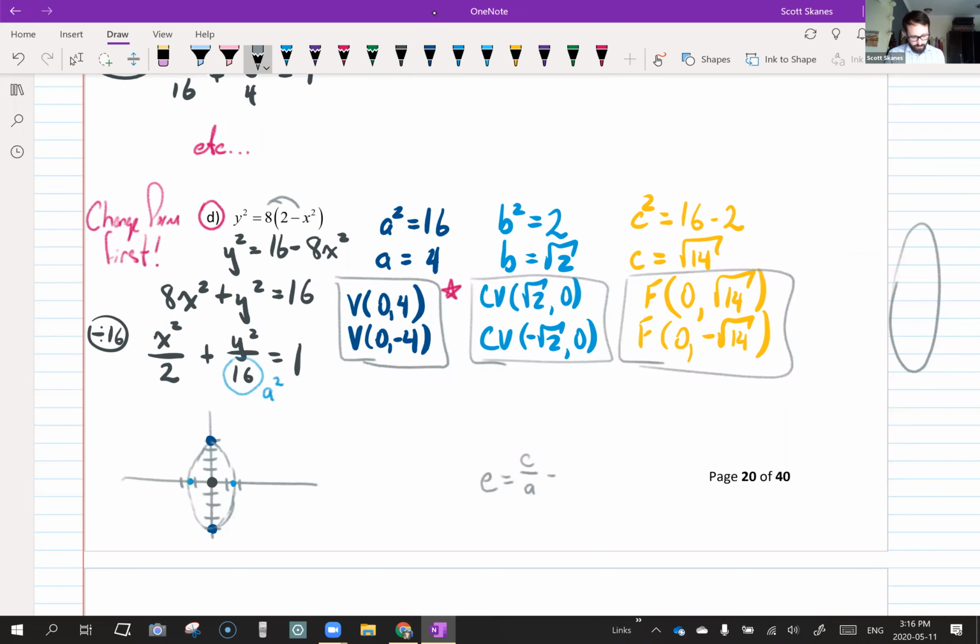We see c over a, which is root 14 over 4, which is 0.935. Just in case, so I want you to be prepared if it's asked for. I don't know if it will be or not. I don't have a test created yet.